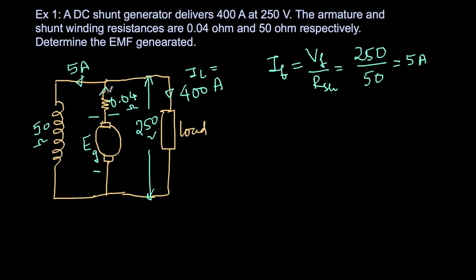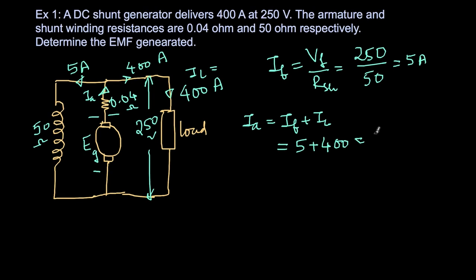Therefore, what is the current in the armature? Applying Kirchhoff's current law, the load current of 400 amperes is going towards the right side, and 5 amperes is going towards the left side. Both of them are supplied by the armature current IA. So IA is IF plus IL, which is 5 plus 400, so we get 405 amperes.